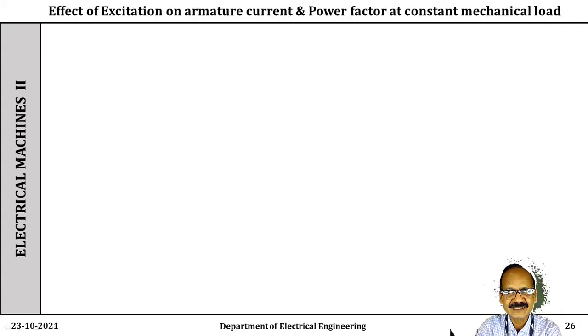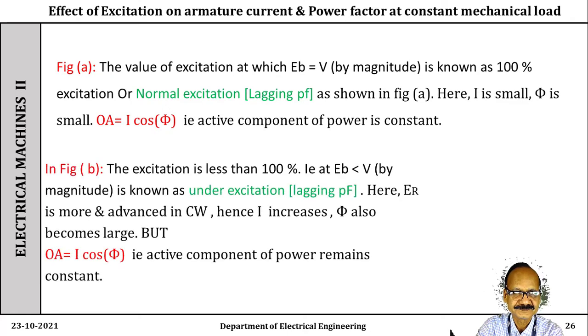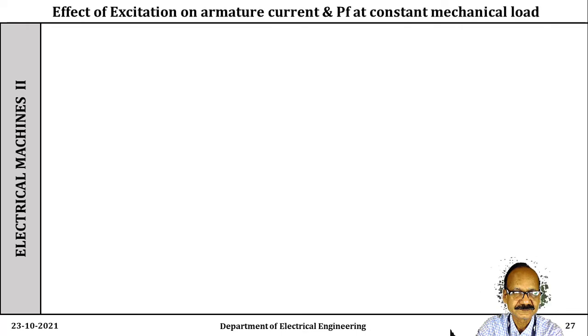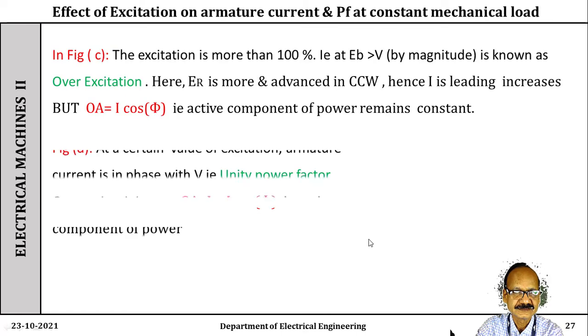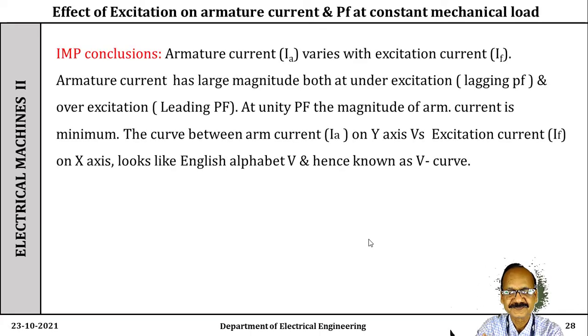Now we can summarize these things. It has been observed that armature current has a large magnitude at a low excitation and at a higher excitation.